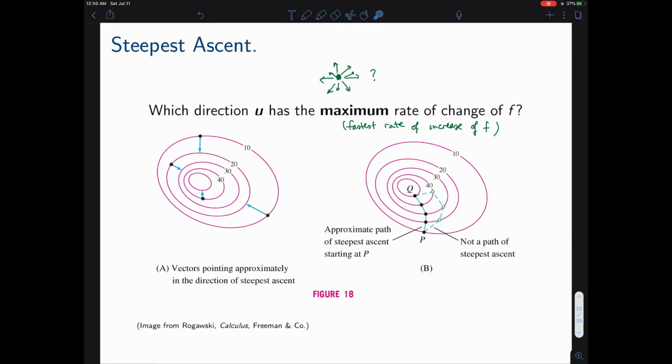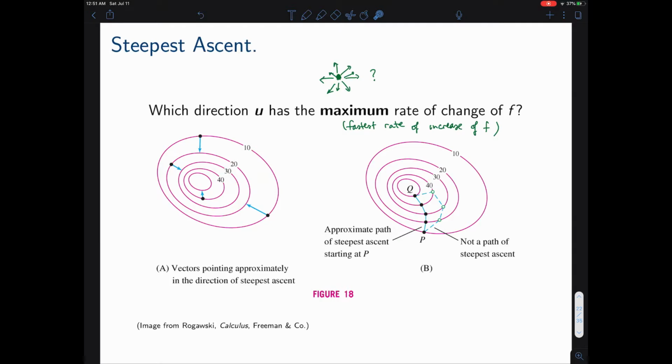The blue arrows illustrate that. That's the direction we're looking for, the steepest up direction. If you started at point P and took the steepest direction each time, you would get to the top of the hill. It wouldn't necessarily be the shortest straight line distance, but it would be keeping things as steep as possible at each moment.